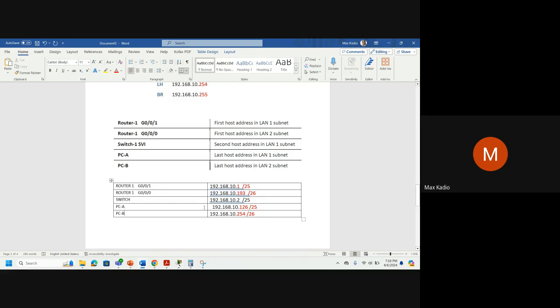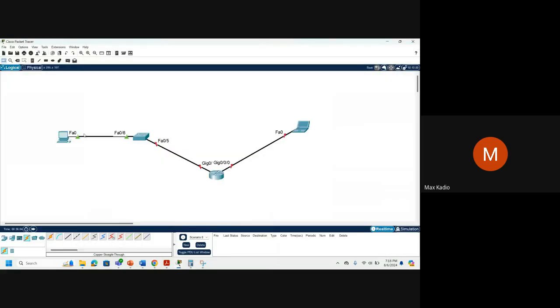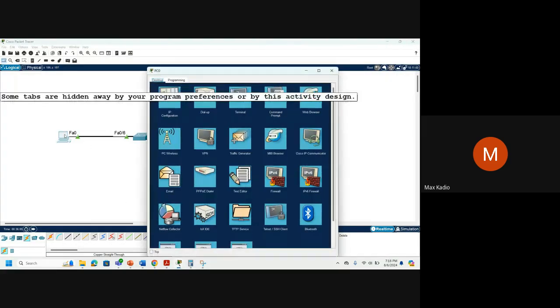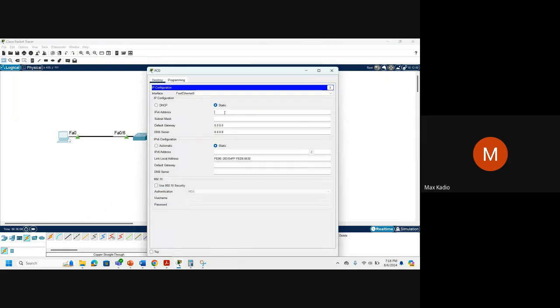We see PCA, we see this is the address. You come here, PCA is here, you put it, and we say /what? /25.